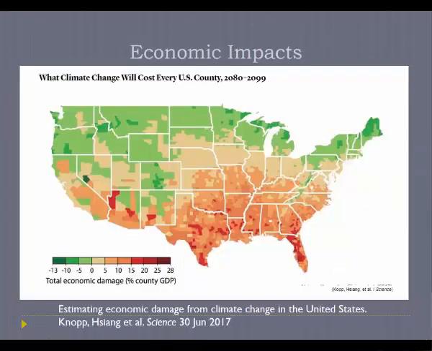So this is moving a little bit away from science, or a little bit away from physical geography per se, but I thought this is another interesting study that came out last year that shows the economic damage in percent of county GDP around the planet associated with climate change up to the end of this century.